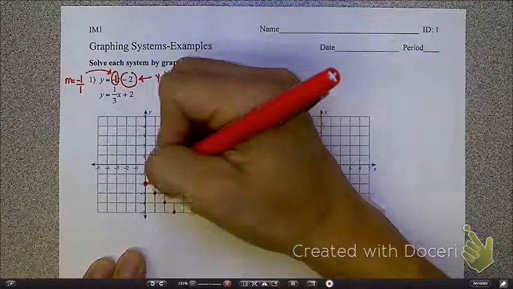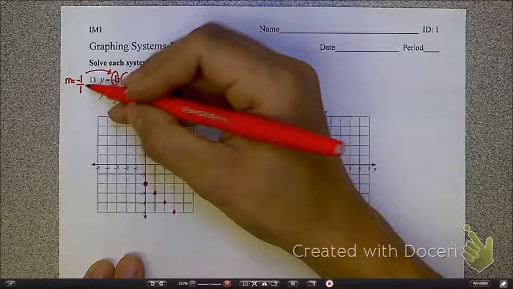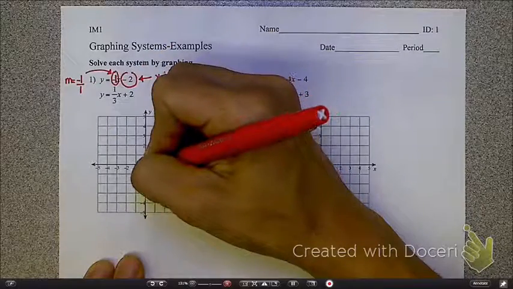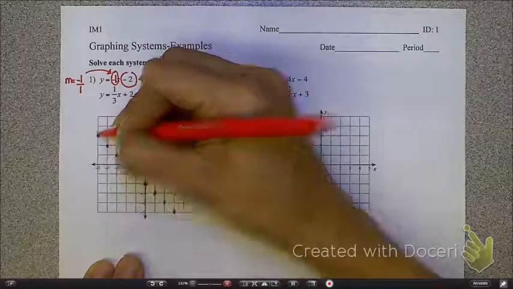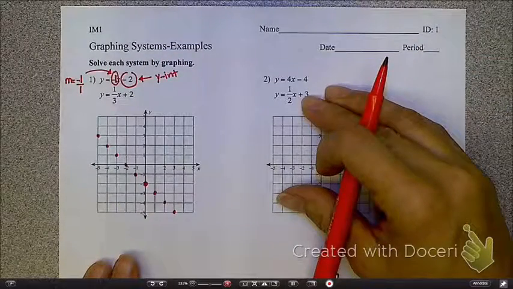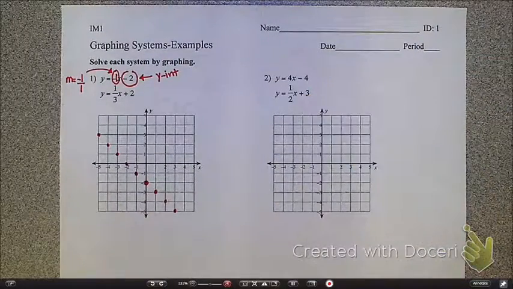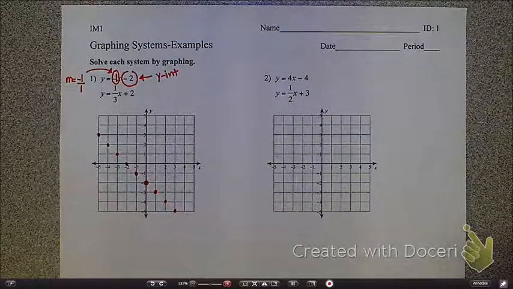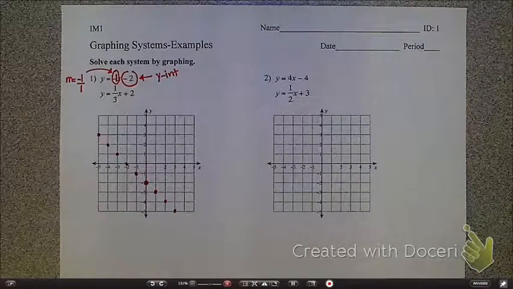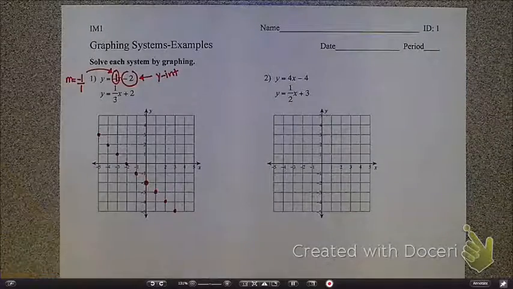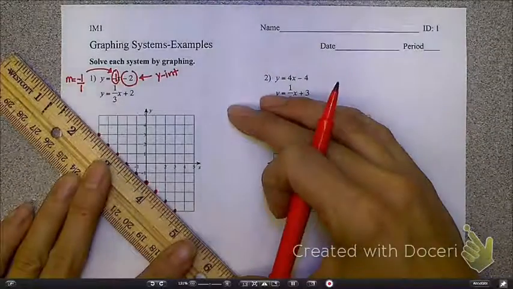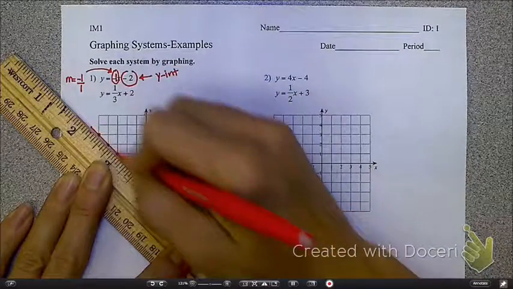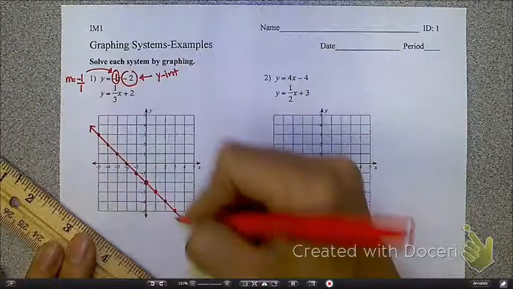So continue that pattern, doing the reverse of this, which would be up and to the left, because you want to get to the very edges of the graph in both directions. By doing this, you'll get the exact point of intersection, and it'll be easier to see where the lines cross exactly. So after I have those points, I'm going to connect them. Okay, so there's my first line.